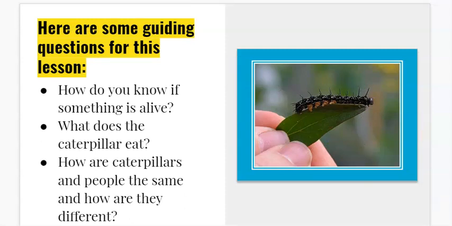Here are some questions that I want you to think about during our lesson. How do you know if something is alive? What do caterpillars eat? How are caterpillars and people the same, and how are they different?